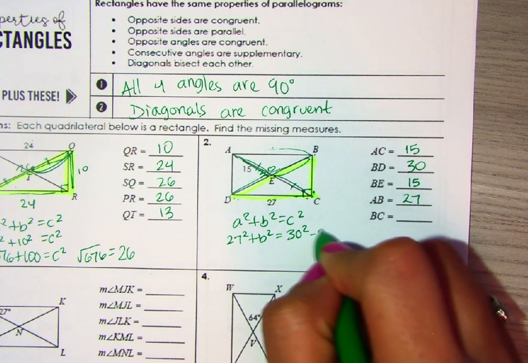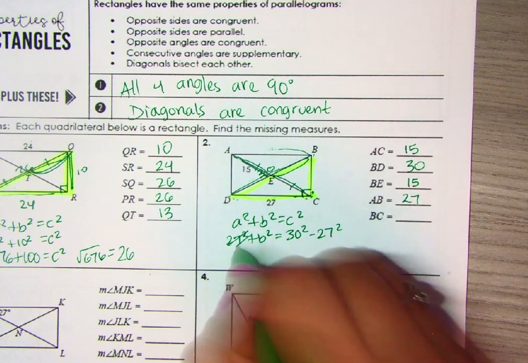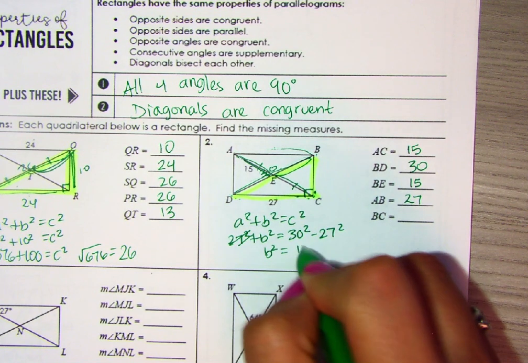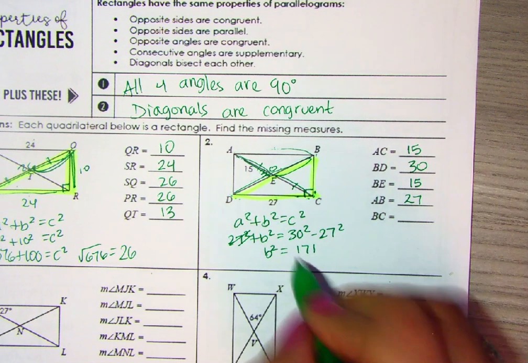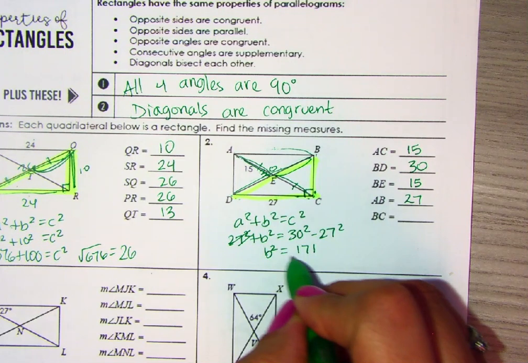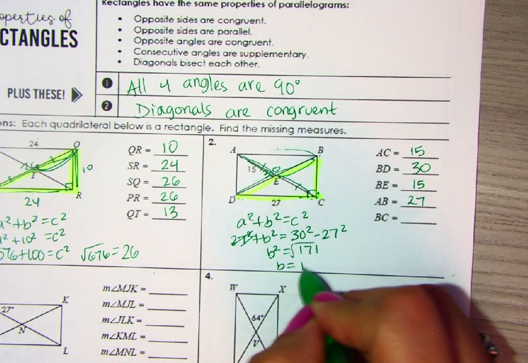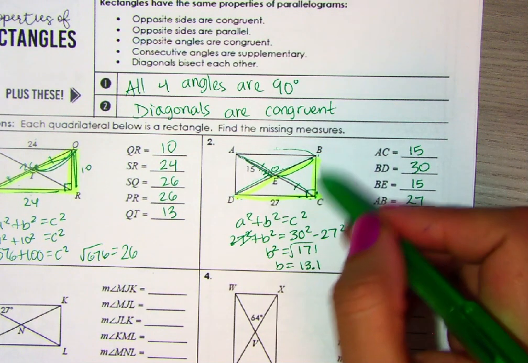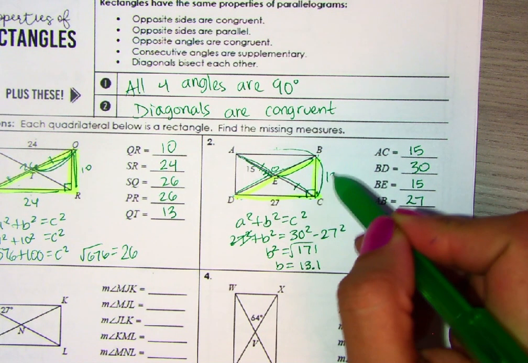When you subtract 27 squared from 30 squared, you end up with 171. Then you do the square root of that, and you end up with 13.1. So that is the missing part right here. This is 13.1.